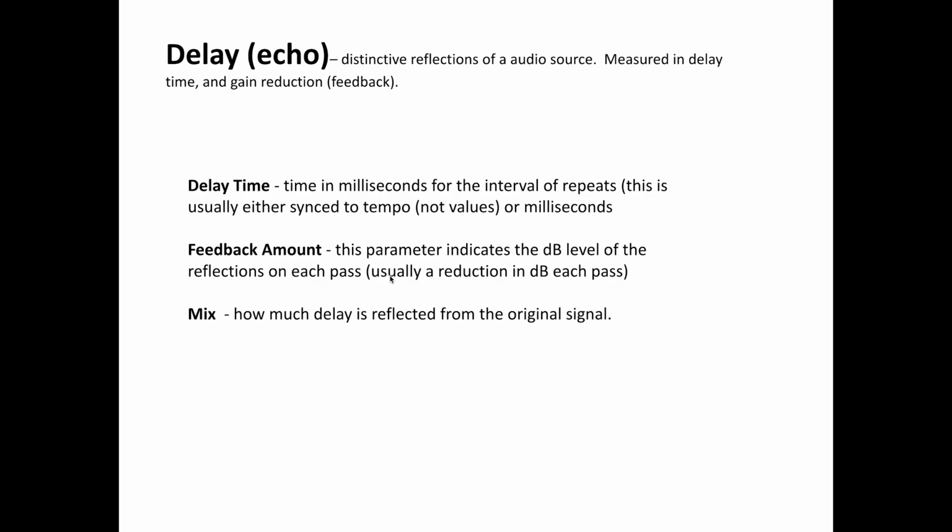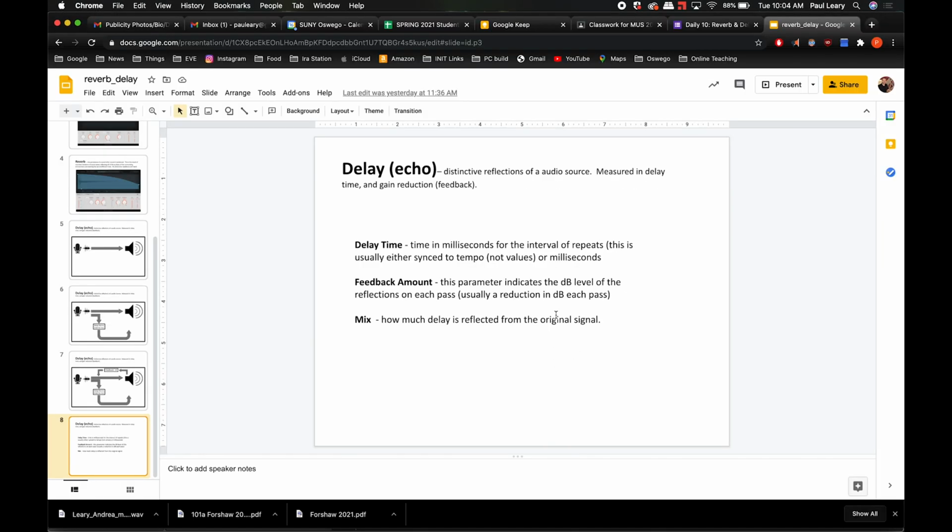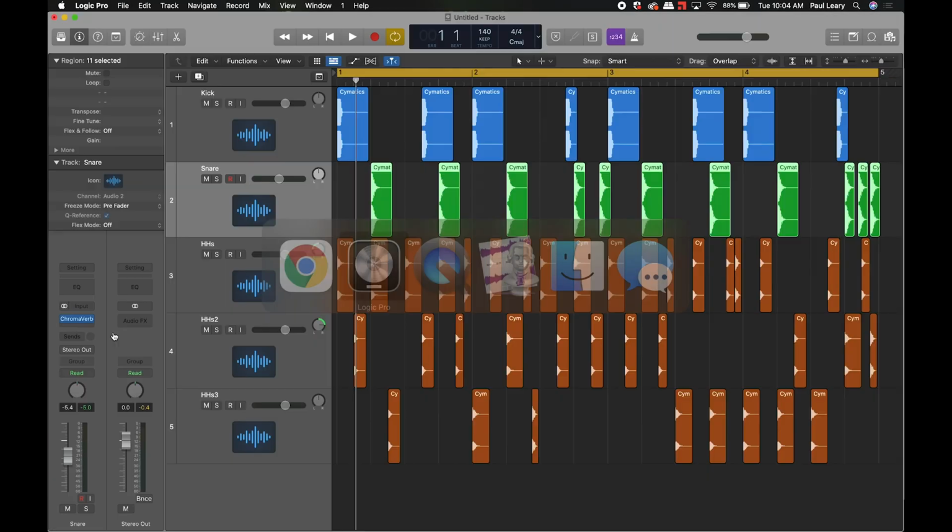Actually, it's always a reduction in dB each pass. Otherwise, you end up with, I can show you, a delay that never ends, okay? So the mix is how much delay is reflected from the original signal, okay? So let's take a look now at adding a delay in Logic.